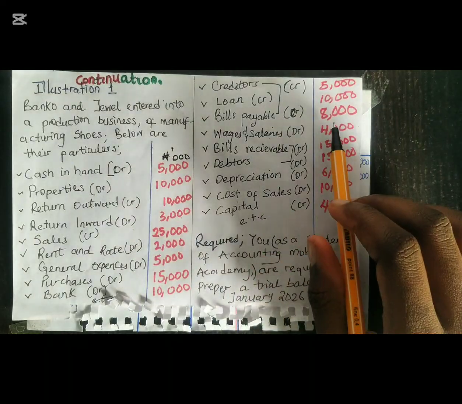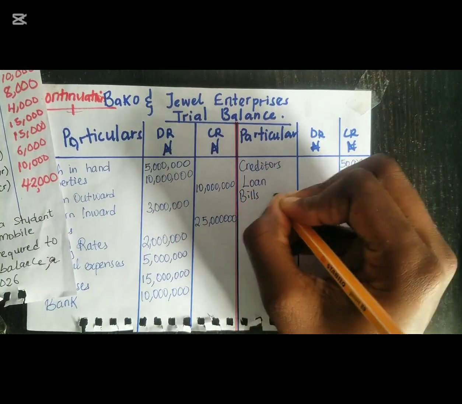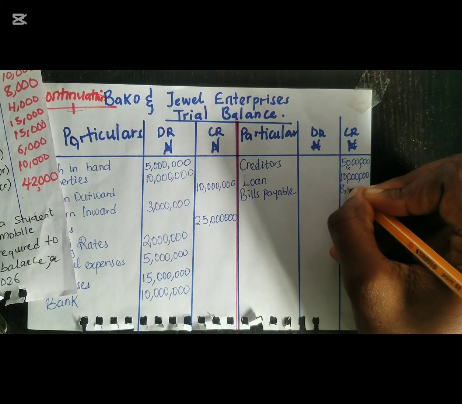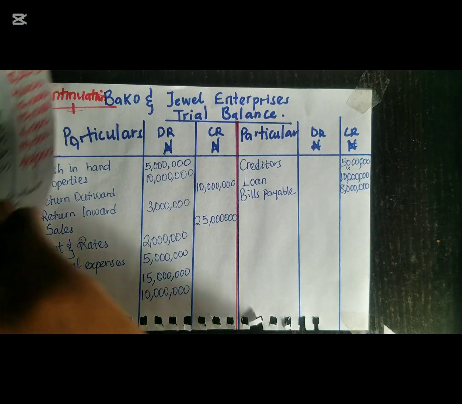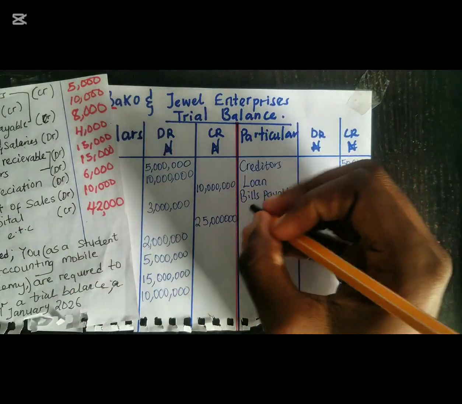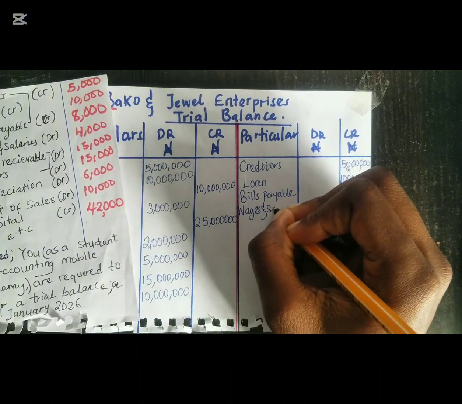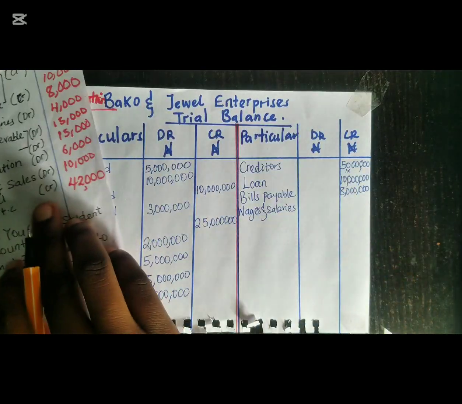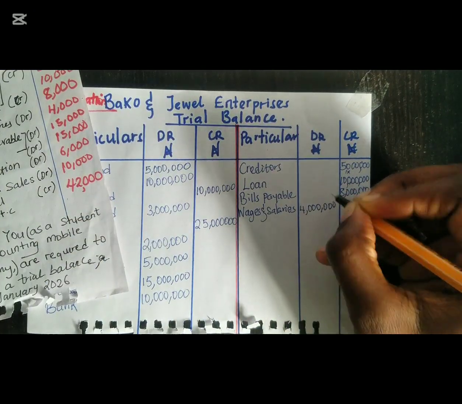Bills payable, 8 million naira, is credit. Bills payable, 8 million naira. Wages and salaries is debited with 4 million naira, so we're going to write wages and salaries, 4 million naira.